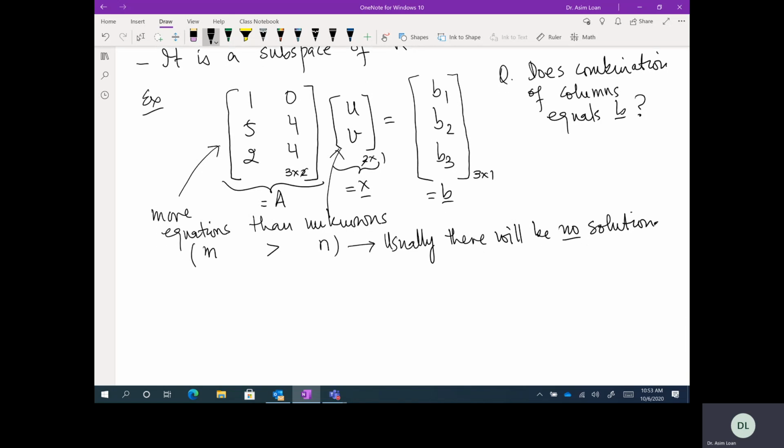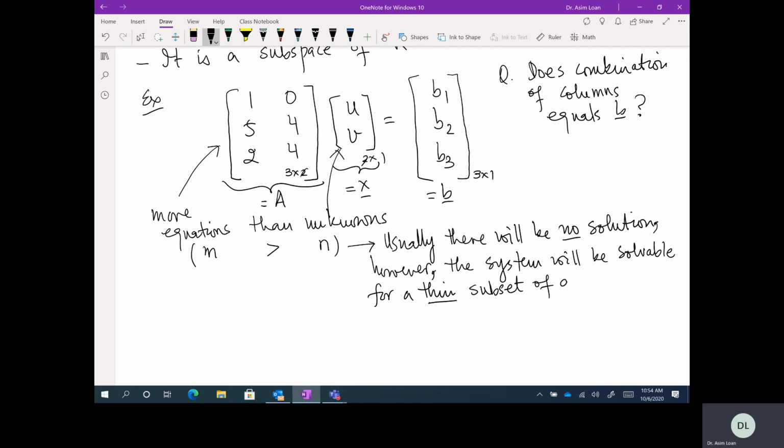However, and I'll tell you when, the system will be solvable for a thin subset of all possible B's.